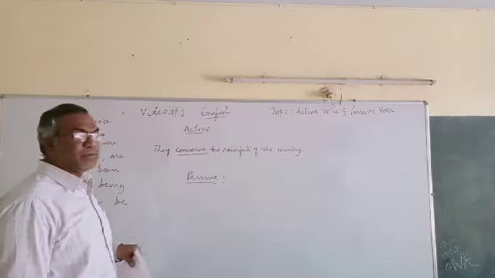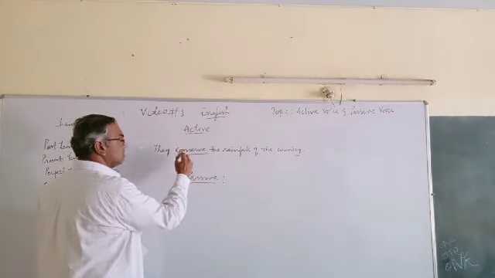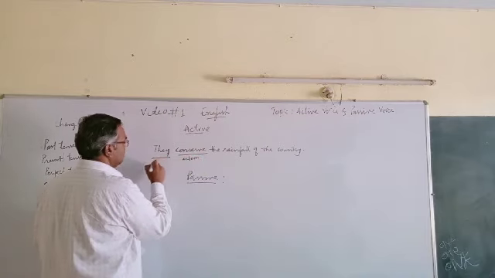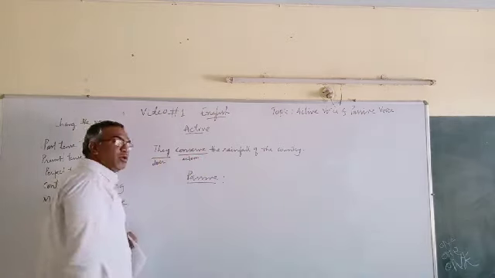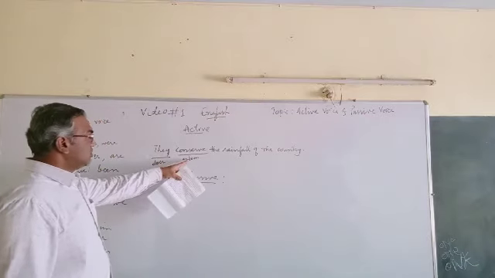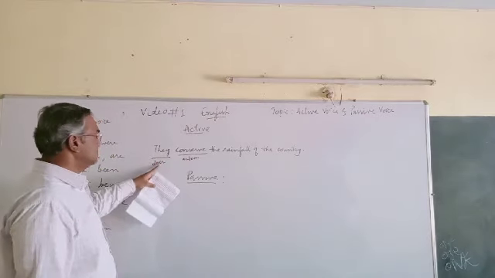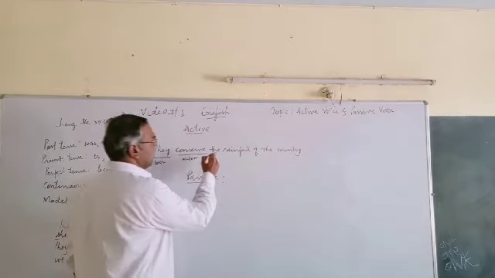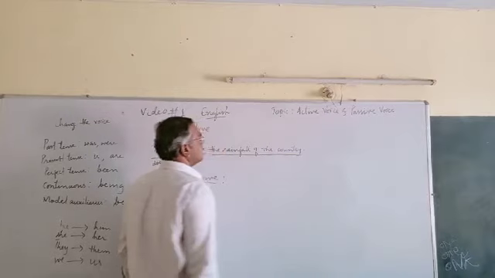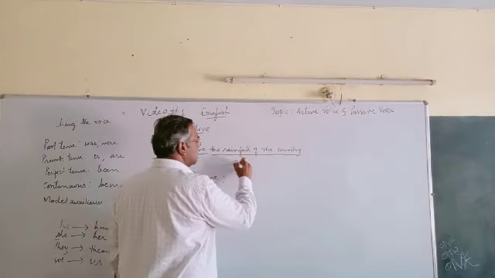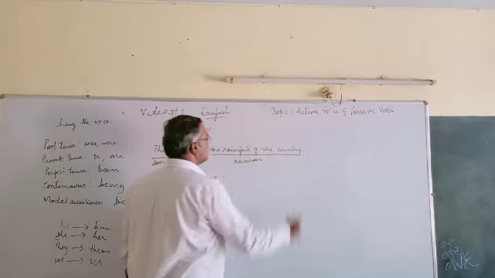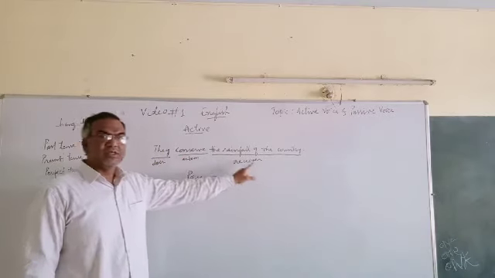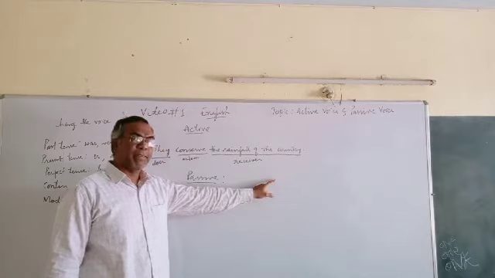Then the doer of the action is they. What do they conserve? The rainfall of the country. This is the receiver of the action.